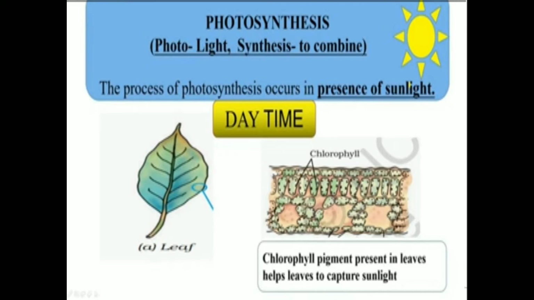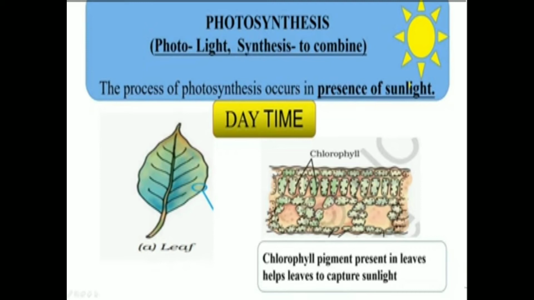Now, let's understand photosynthesis in detail. We know that photosynthesis is the process through which plants prepare their food. But there is one important point which we need to understand.